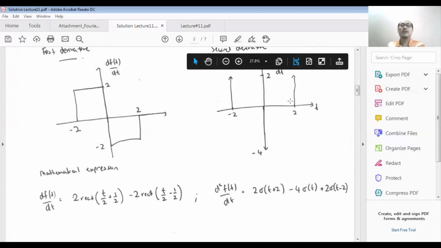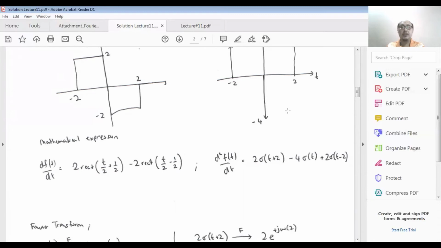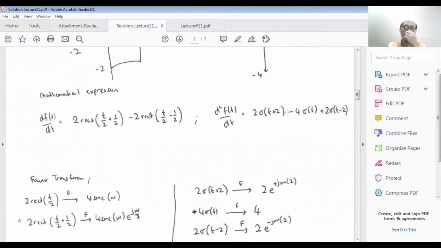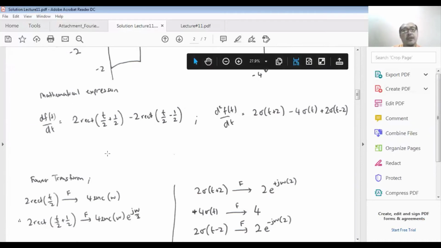So these are the results, the expressions for the differentiation. Okay, let's have a look at the Fourier transform for both the first order and the second order differentiation.